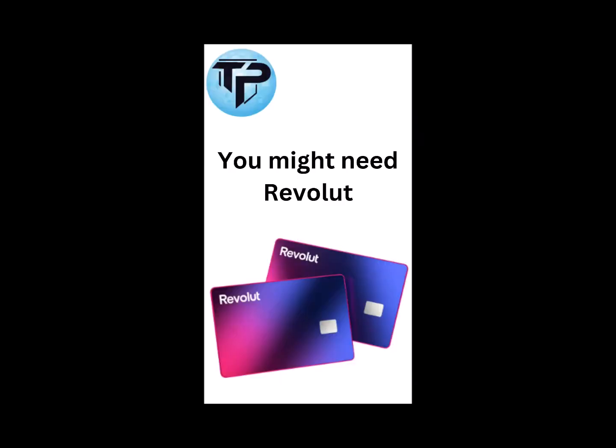Okay? Now, with some exchanges, they do have trouble connecting to some of the banks. Like in the UK here, Binance will talk to Barclays and HSBC and a number of others. It doesn't work with NatWest at the moment. So sometimes you might be better off with an online banking system such as Revolut.